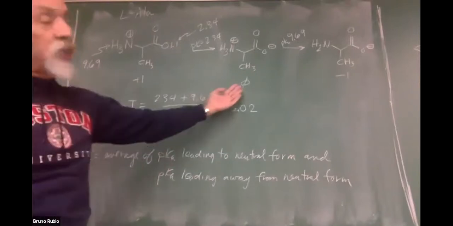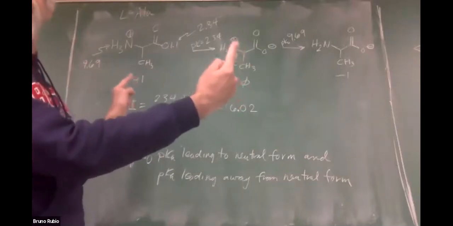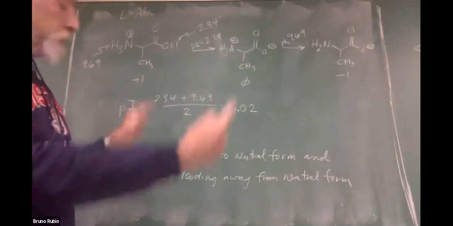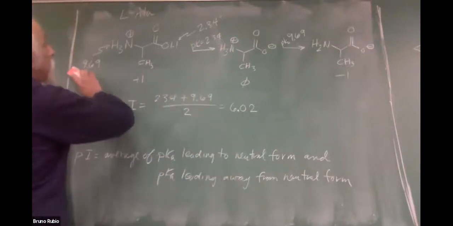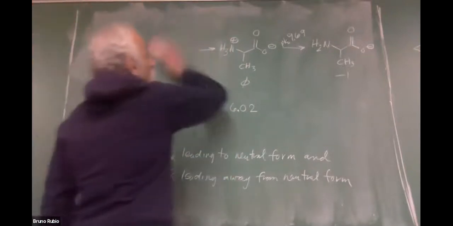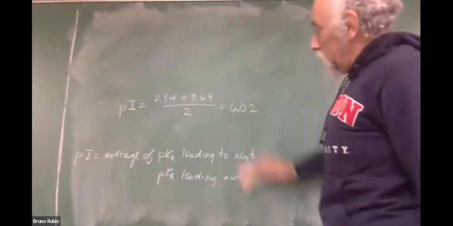You find the neutral form, and you're averaging the two numbers that surround the neutral form. So let's do that with cysteine. Let's calculate the isoelectric pH of cysteine.